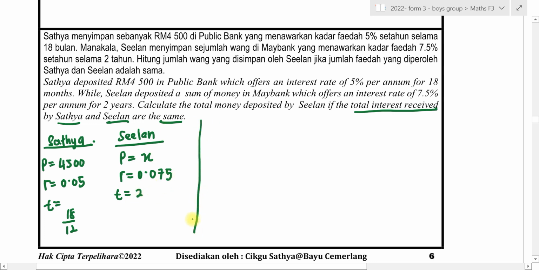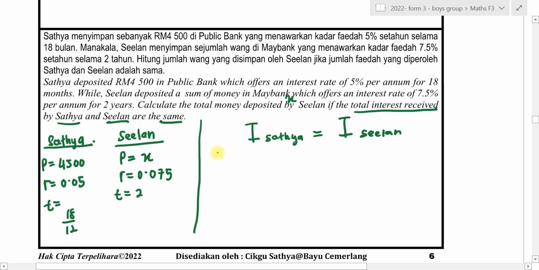Okay, these are the information. Now, the question asks you what? Calculate the total money deposited by Seelan. They're asking for X, the principal he deposited, if the total interest received by Satya and Seelan are the same. That means interest received by Satya is equal to interest received by Seelan. So here also PRT, here also PRT, correct or not?